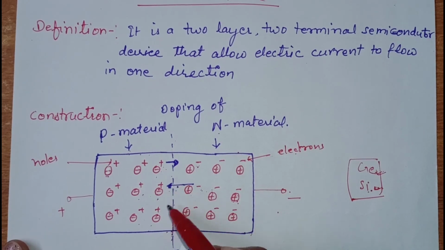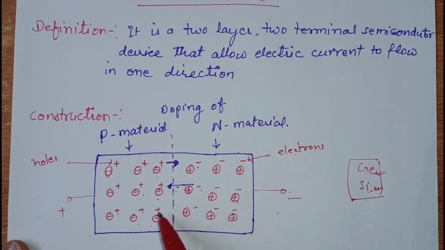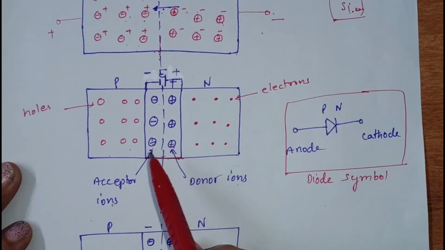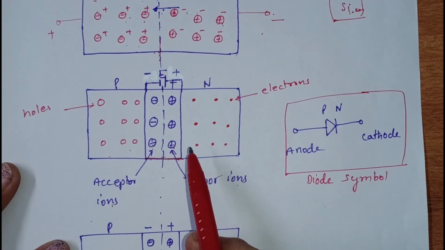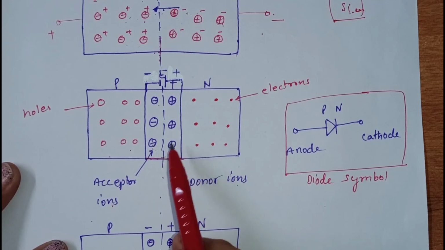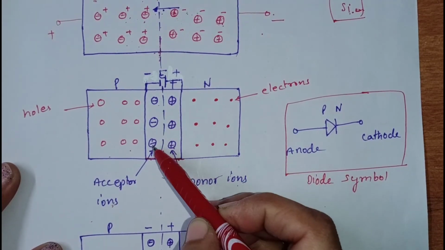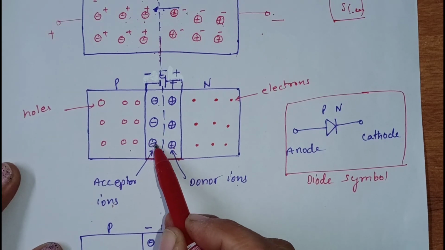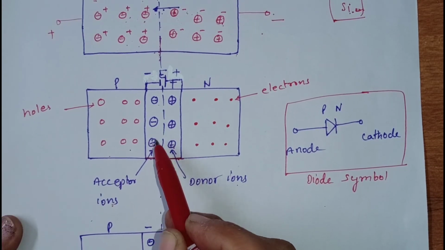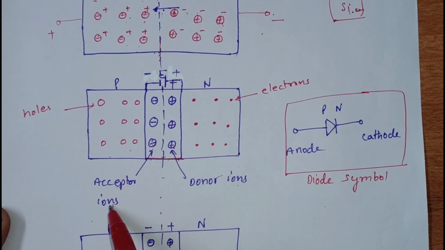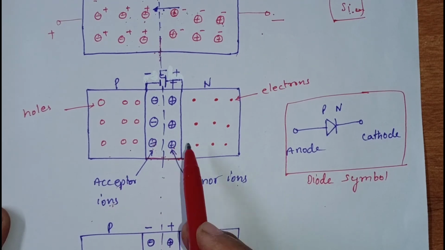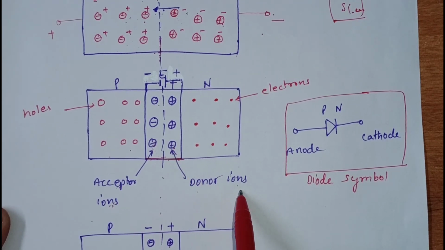So what is left behind is just these immobile ions on either side of the junction. Due to recombination of electron and hole pairs near the junction, there is a negative charge on p side, these are called acceptor ions, and positive charge on n side, these are called donor ions.